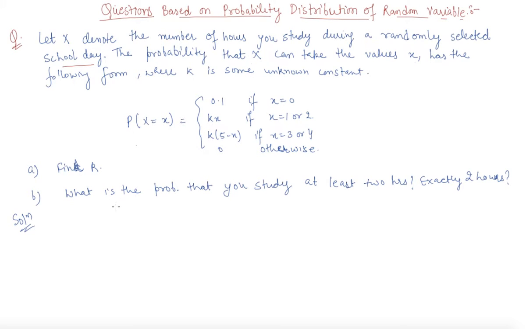Okay, so let me draw the probability distribution table first. This is showing the value x and this is the probability.